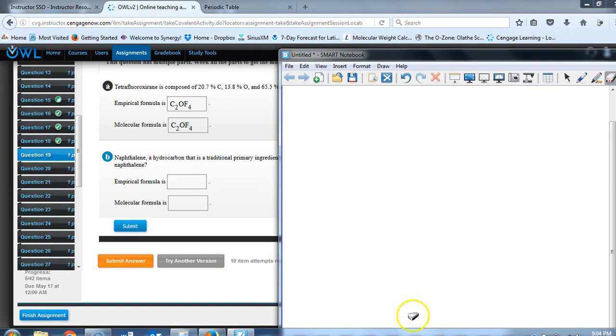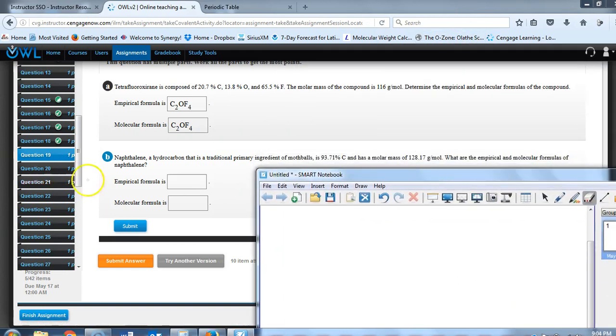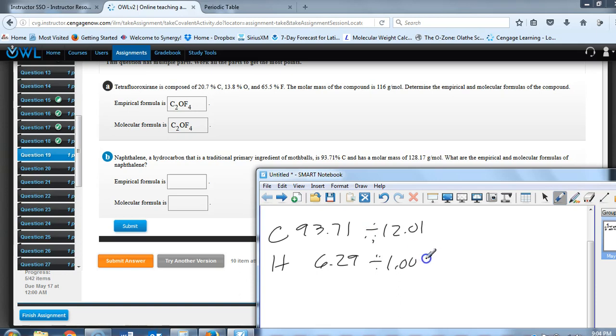So we've got 93.71 carbon, meaning the hydrogen is the rest of that, which is going to be 6.29. Divide carbon by 12.01, hydrogen by 1.008.